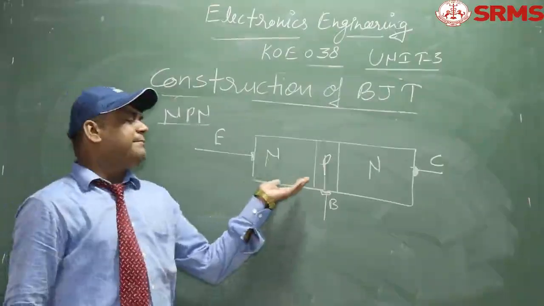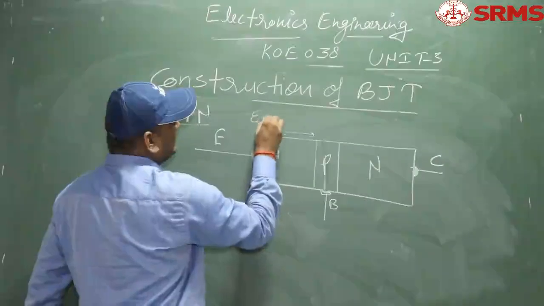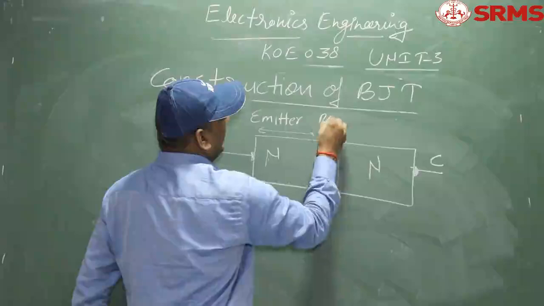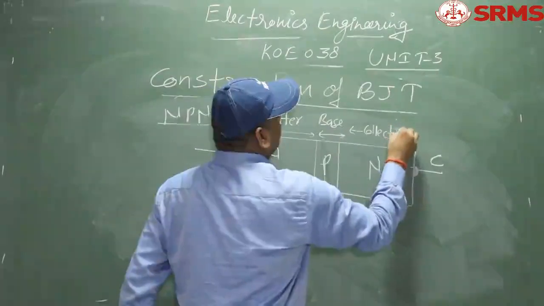So this is basically the NPN transistor. Here this region is defined as emitter, this region is defined as base, and this region is defined as collector.